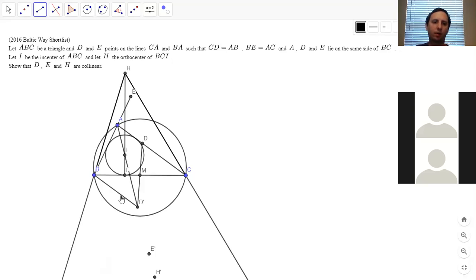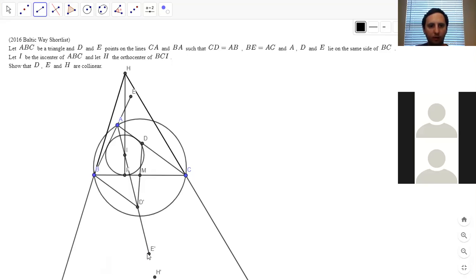So basically, because this is an isosceles triangle, and BD prime is parallel to CD, then A, I, and D prime are collinear, is what you're saying. Yeah, similarly, we can obtain that they are collinear.